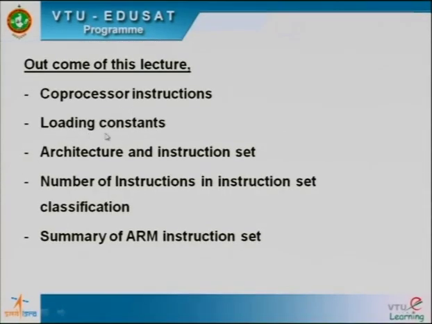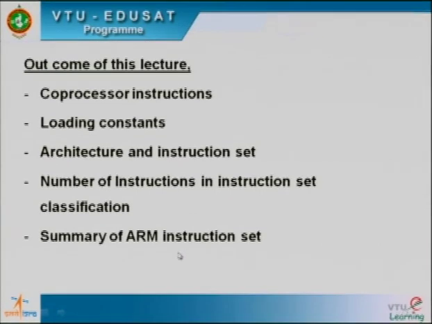So in total, to conclude, what we have studied in today's class: coprocessor instructions, and instructions that support loading a constant value. We have studied the instruction set with its architecture, the number of instructions with the instruction set classification, and an ARM instruction summary.